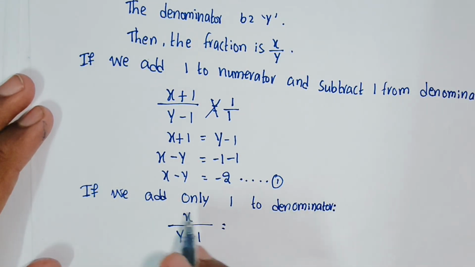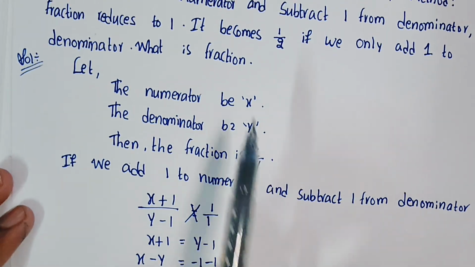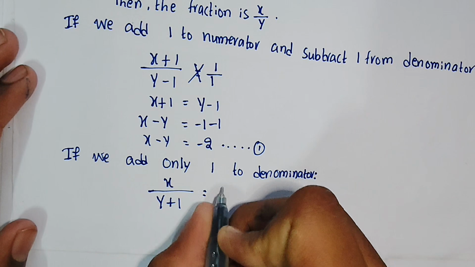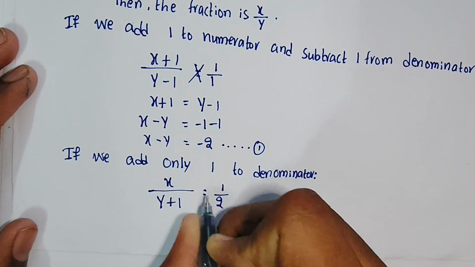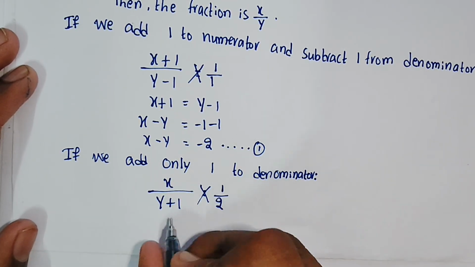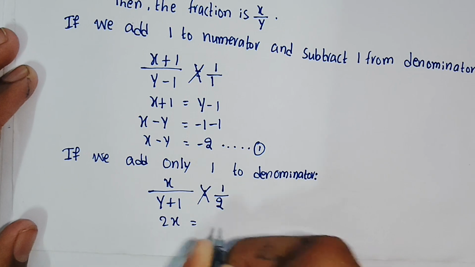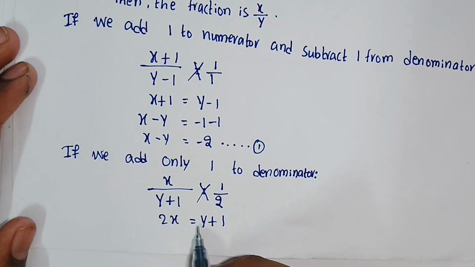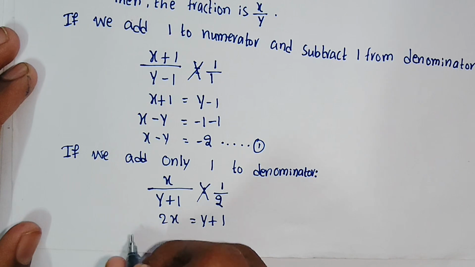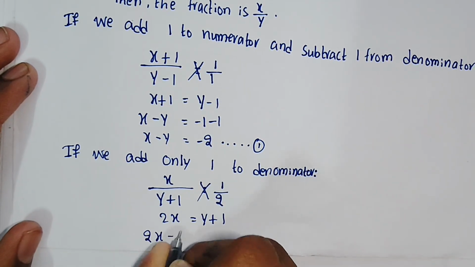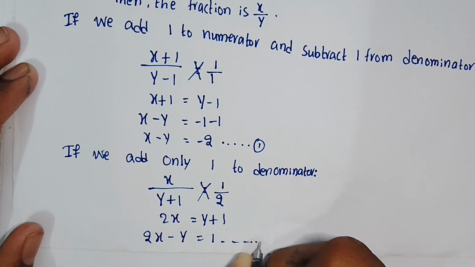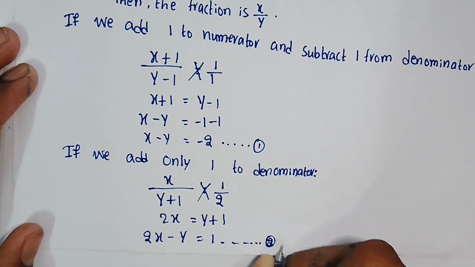So equals to 1 by 2. I am doing here again cross multiplication. 2 into x, 2x is equals to y plus 1 into 1, y plus 1. I am going to transpose the y to the left side, then it becomes 2x minus y equals to 1. I am considering it as equation 2.